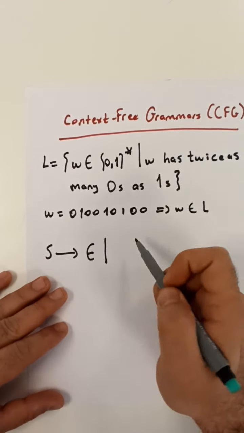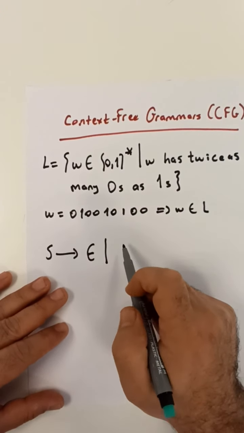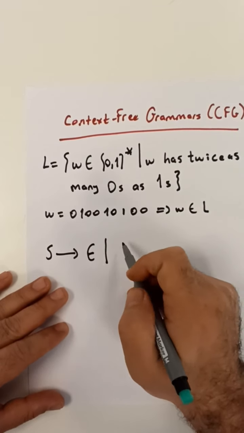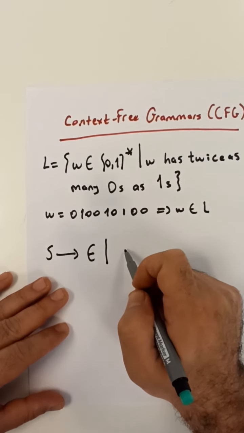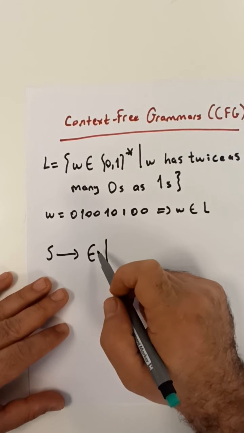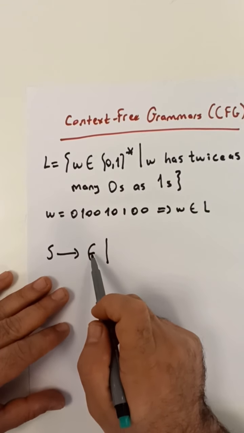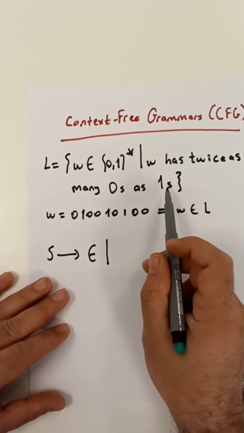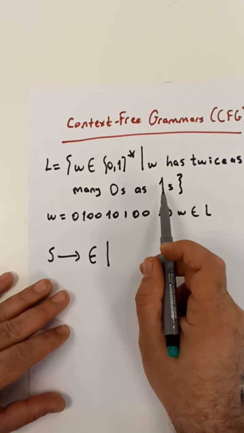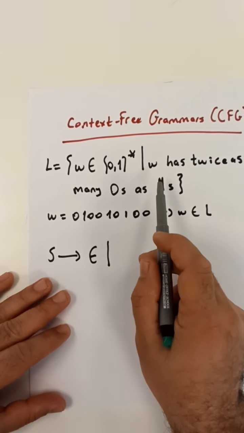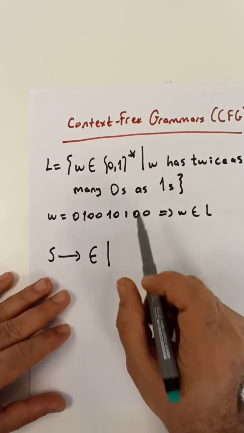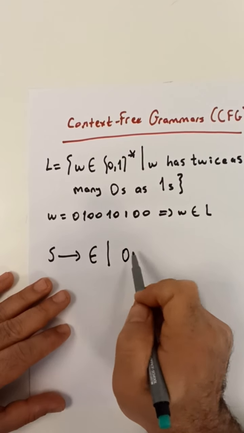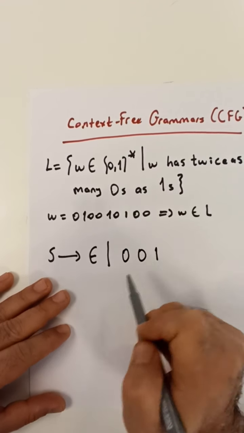To do this, let's write down a possible string that is not trivial, that is not epsilon, that belongs to this language L. Epsilon has length 0. The next shortest length possible for a string to have is going to be 3, because we can have 2 zeros and a 1.